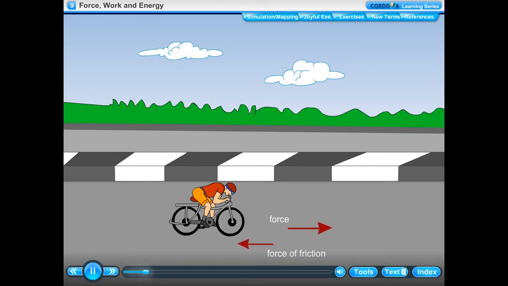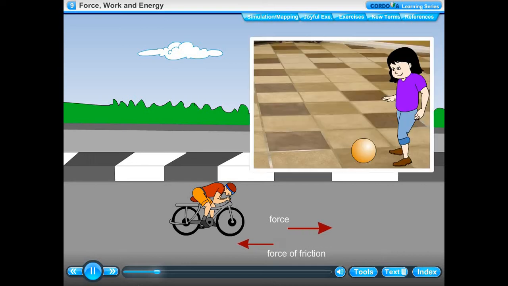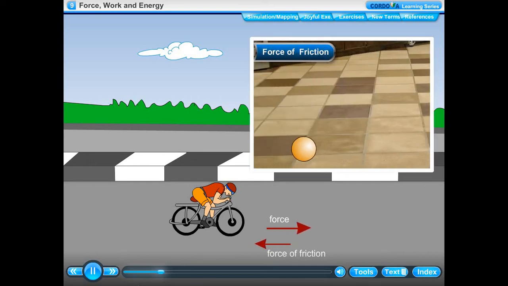This happens because a force acts between the ball and the floor that slows down the ball. This force is called frictional force or force of friction. Thus, a force that slows down the movement of objects across a surface is called force of friction. It is also called force of resistance.